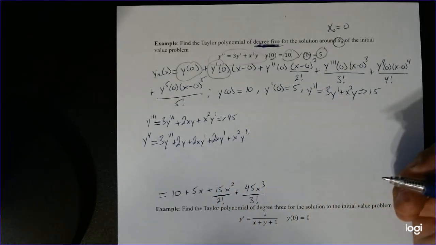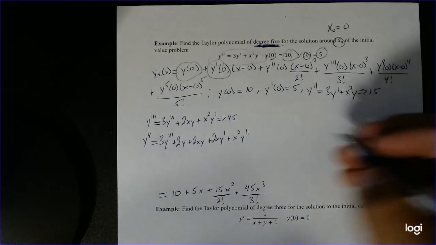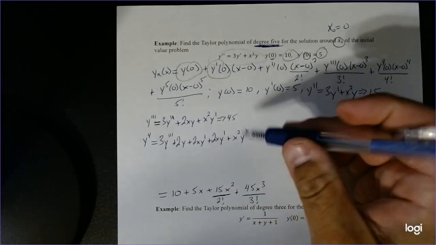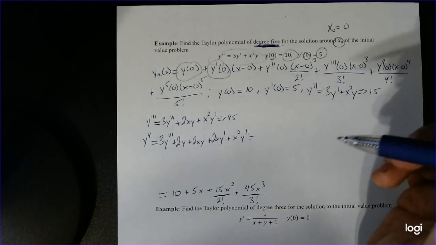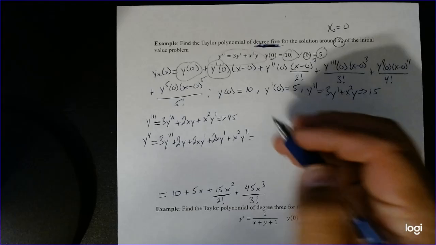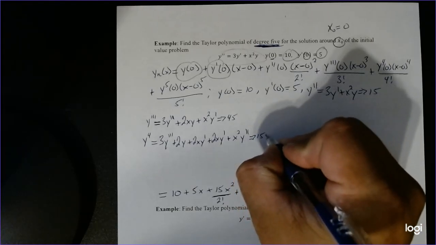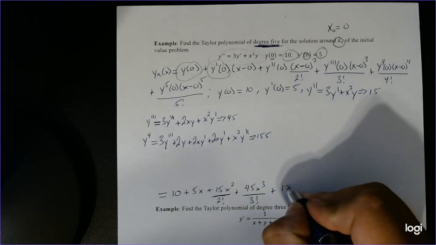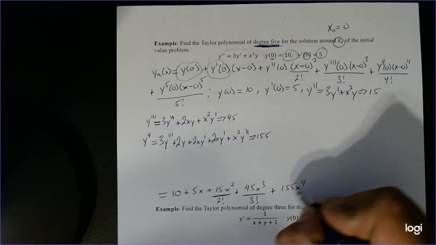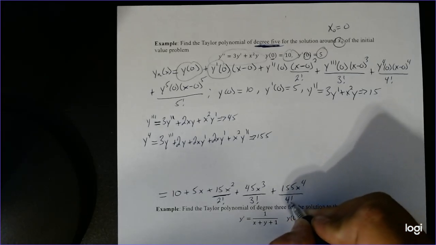And again, plugging in all 5 things, we end up getting 155. So the next one is 155x to the fourth over 4 factorial.